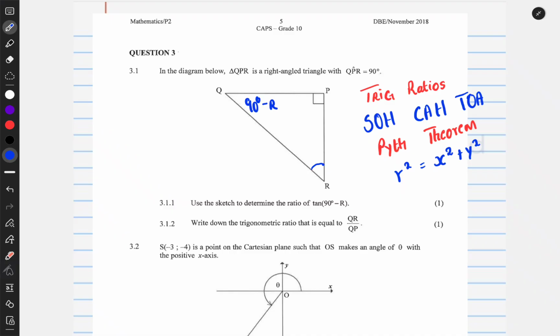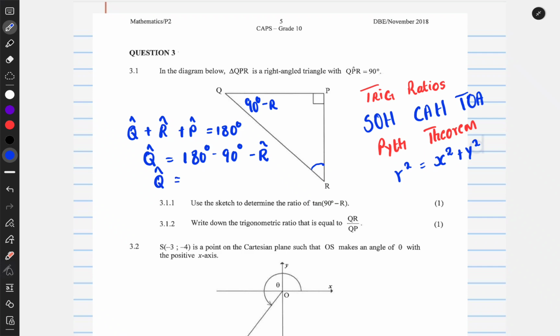And how do we get there? We are using the sum of the angles in a triangle, which is angle q plus angle r plus angle p is equal to 180 degrees. Let's solve for angle q. Angle q is equal to 180 degrees minus angle p, this angle you already know is 90 degrees, minus angle r.